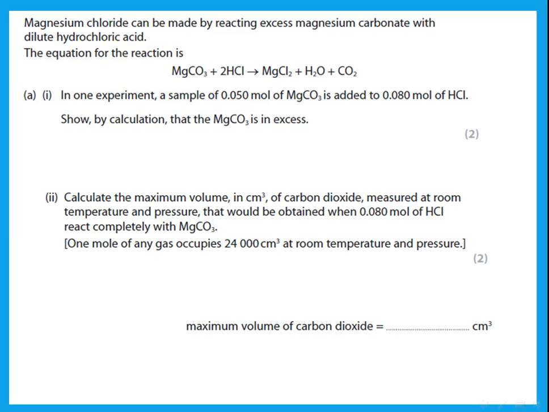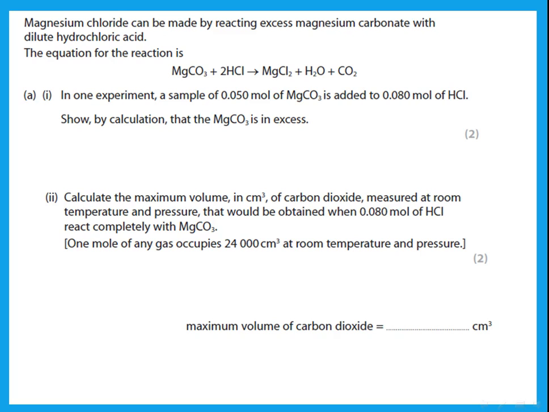Magnesium chloride can be made by reacting excess magnesium carbonate with dilute hydrochloric acid, and this is the equation. In one experiment, 0.05 mole of magnesium carbonate is added to 0.08 mole of HCl. Show by calculation that the magnesium carbonate is in excess. Now, the equation tells me that the number of moles of magnesium carbonate should be half the HCl.